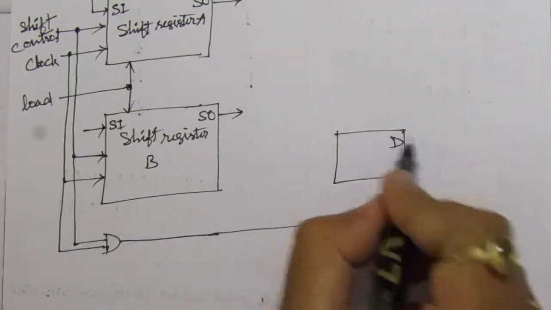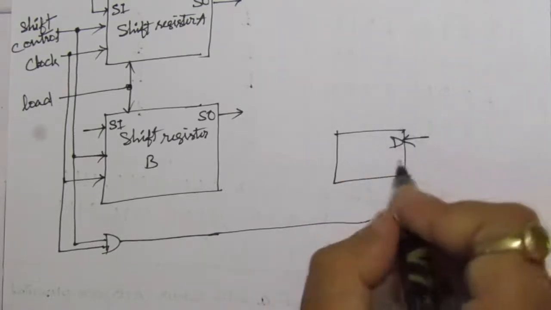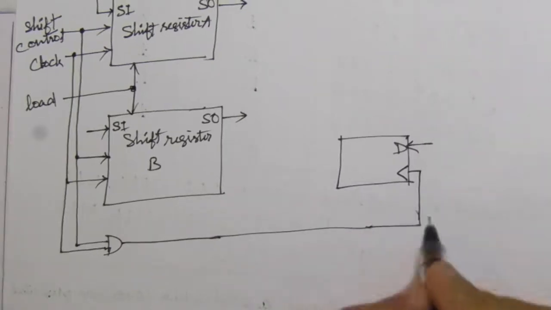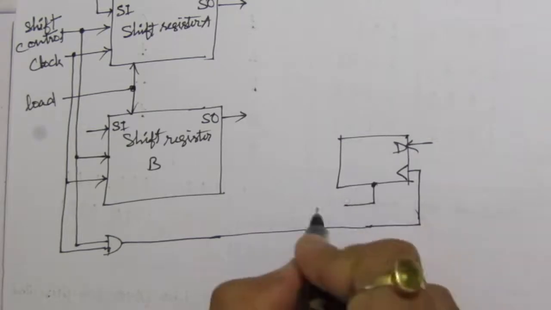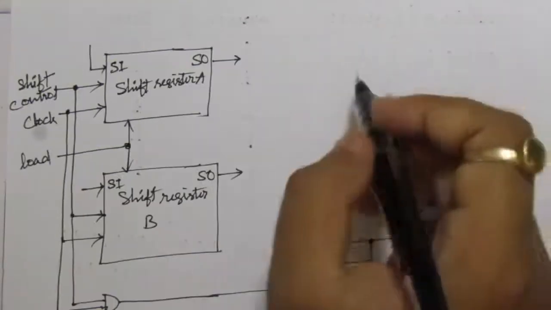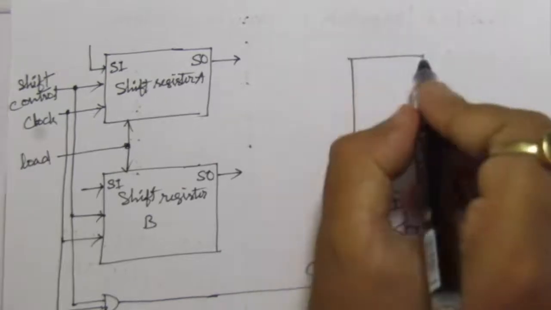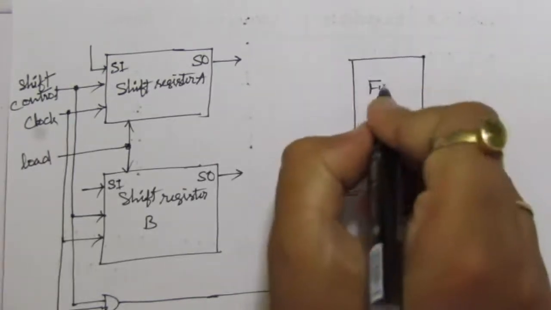So here we have the D input, and here we'll have the clock input. This clock will be connected to this AND output, and we get the output. Here we'll have a clear, and here we'll have a full adder.